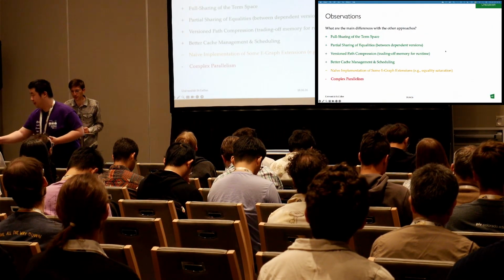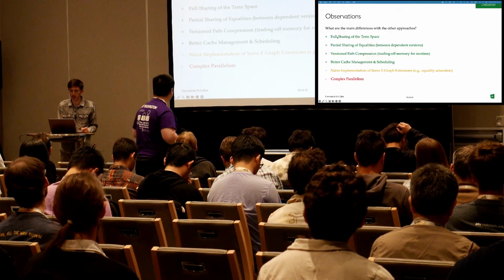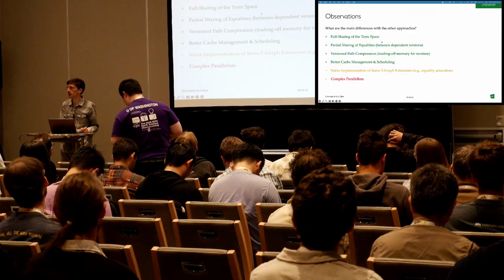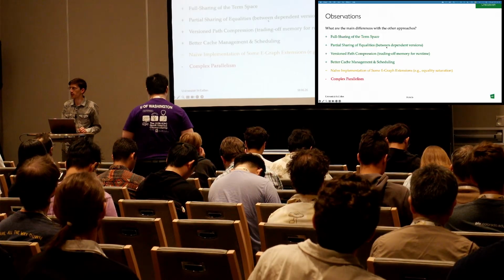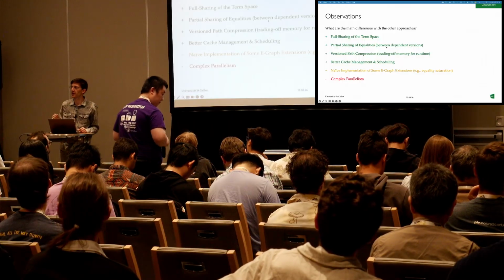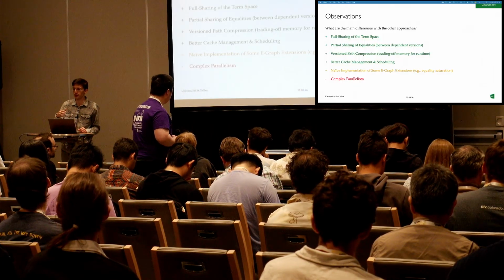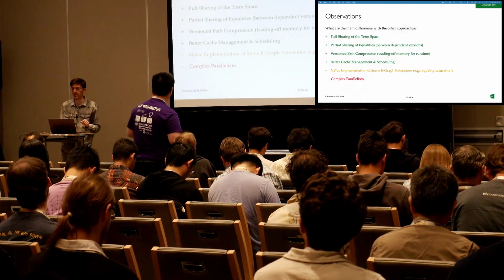Right, so these are some of the features of version eGraph. The idea is that we have full sharing of the term space across versions. There is also partial sharing of equalities between dependent versions, and this is the scope. Right now it's between dependent versions, but we want to do it, as I said, between independent versions.